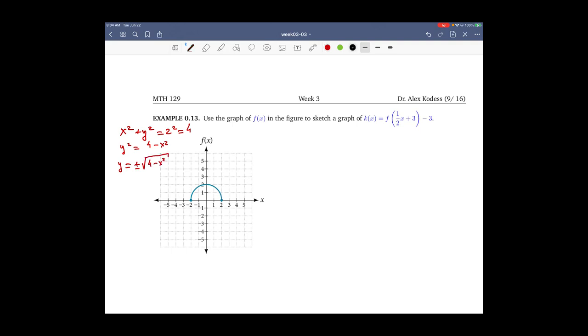Because we want the upper semicircle, we need the plus sign. So we pretend we know that this is the graph of the function positive root of 4 minus x squared. Although again, for simply making the picture on paper, it's not really necessary. So let us give two solutions.